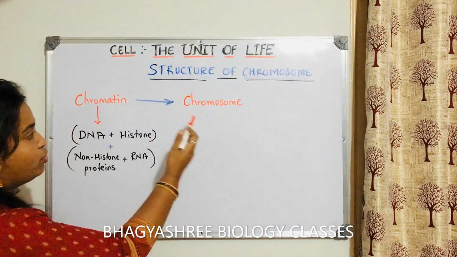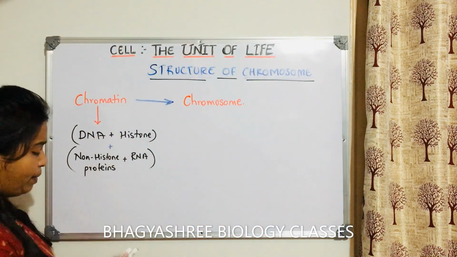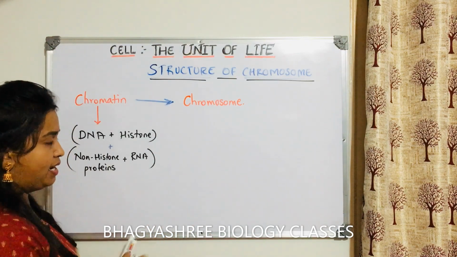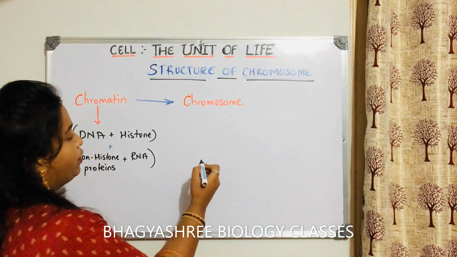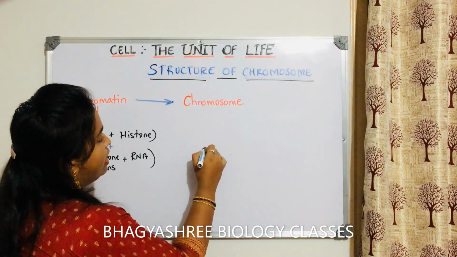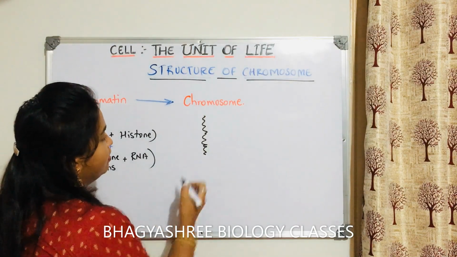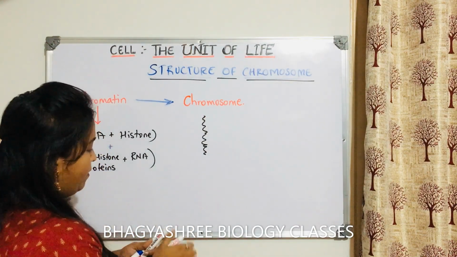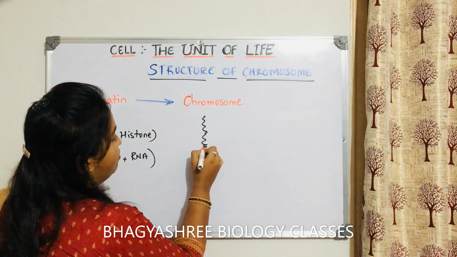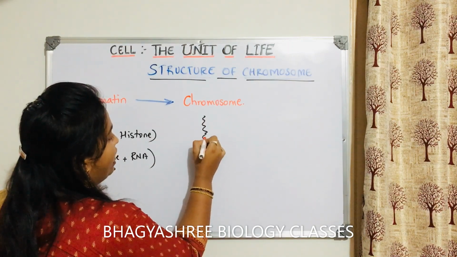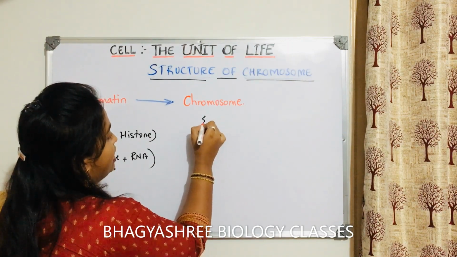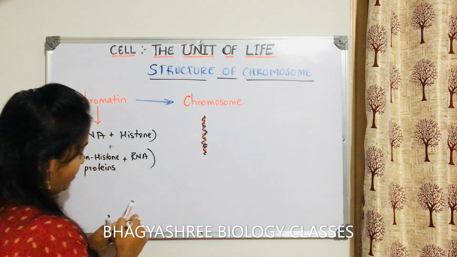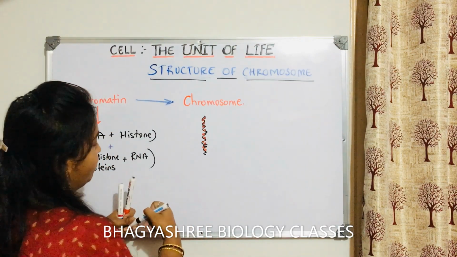Now, when you see the structure of chromosome, you people know that chromatin only condenses, right? So I'll just show you here like this. Let us consider this is chromatin, along with some histone protein here and there, right? So DNA is coiled around this histone. Let us consider it like this.